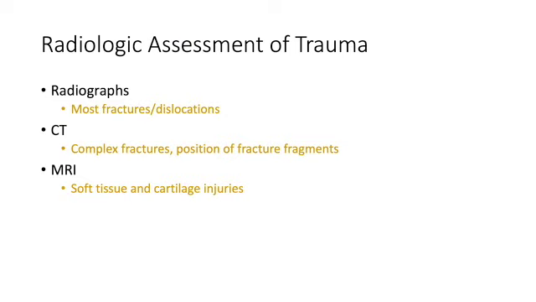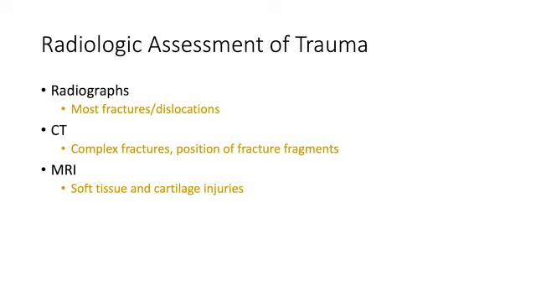So when we look at radiologic assessment of trauma, when we're looking at radiographs, the best thing a radiograph does is show you bone. So fractures, dislocations, again, we're going to go through our ABCs there.